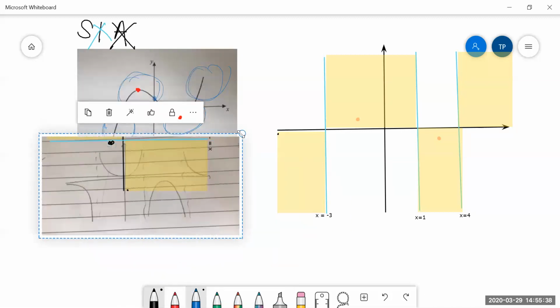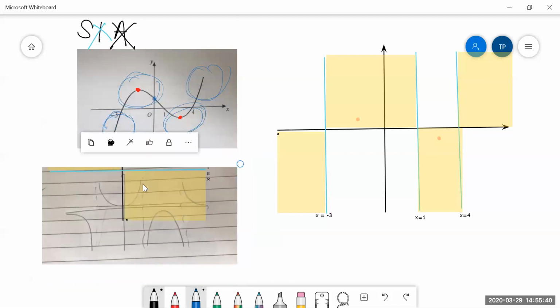Okay, this is Greg's solution. Sorry about the portion over here because I had to screenshot it and it was in the center of the screen. So let's compare my solution with Greg's solution.